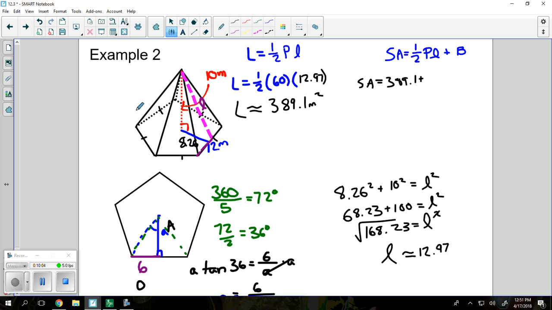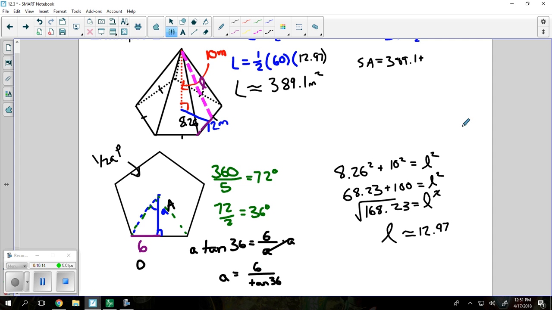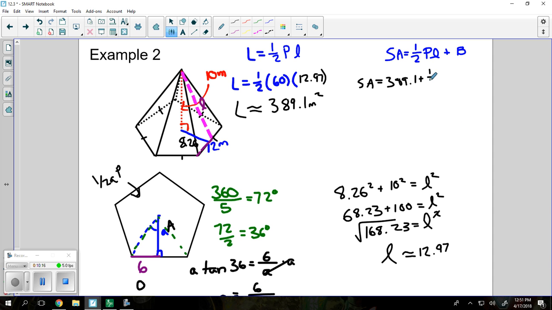Plus area of the base, since it's a pentagon, we can do that half times the apothem times the perimeter. And we've already got everything. Our apothem was that 6 over tangent 36, so half times 6 over tangent 36. And then our perimeter, we already figured out here, was 60.